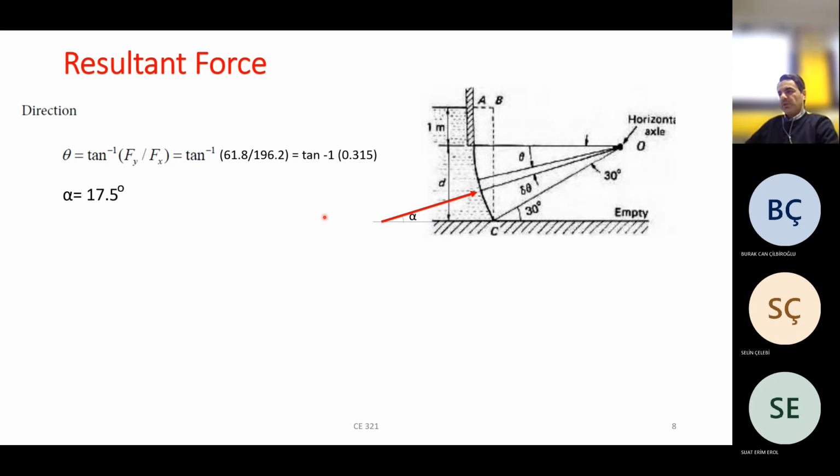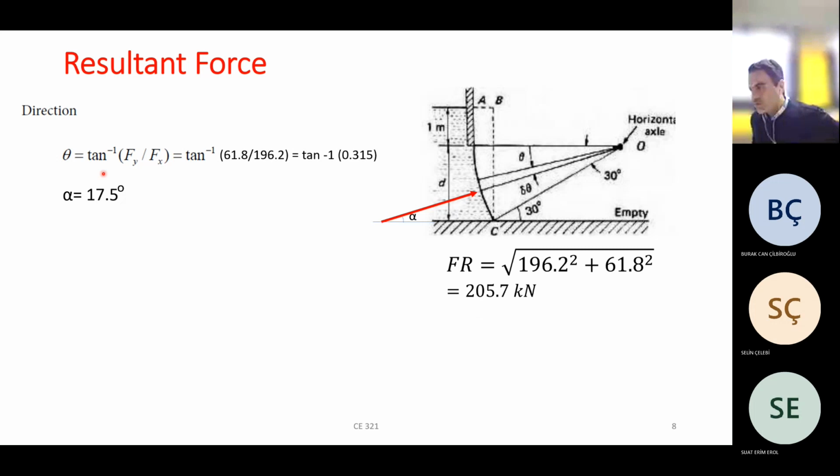Therefore, now I have my X and Y components. To calculate the resultant, I can use the formula that I showed you: Fr, or resultant force, equals the square root of Fx squared plus Fy squared.